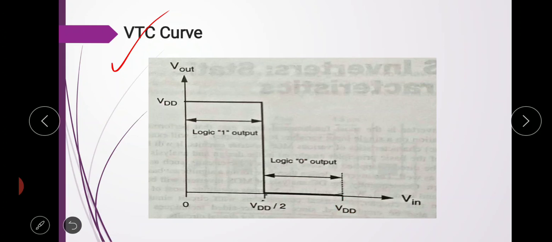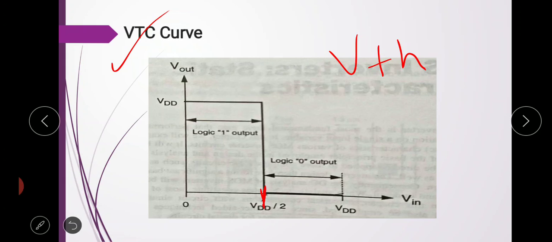The voltage VTH is called the inverter threshold voltage. We know that a threshold voltage is required to turn on a MOSFET. So the output switches from VDD to 0 when the input is equal to VTH.